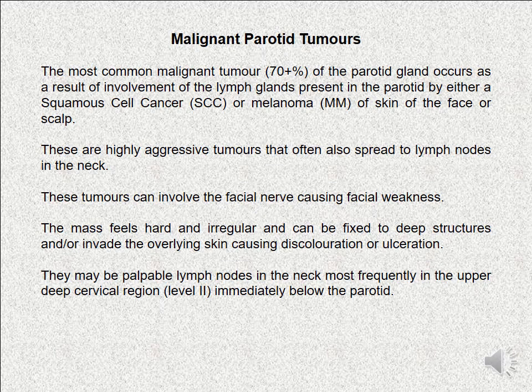This tumor can involve the facial nerve, causing facial weakness. The mass feels hard and irregular and can be fixed to deep structures and or invade the overlying skin, causing discoloration or ulceration. There may be palpable lymph nodes in the neck, most frequent in the upper deep cervical region, level 2 of lymph nodes, immediately below the parotid gland.